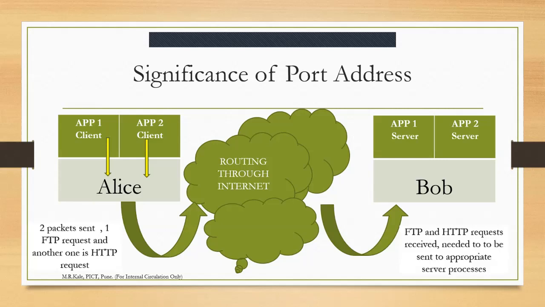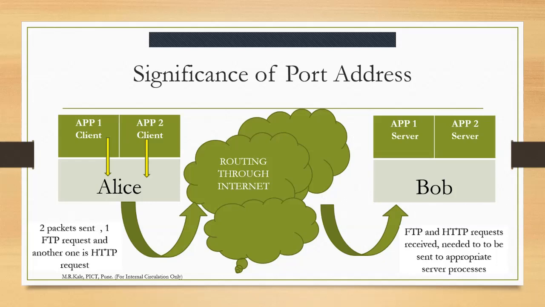Now at Bob, Bob has to decide which request to deliver to which app, because app1 request has to go to app1 server and app2 request has to go to app2 server. And here we have a role of port address.